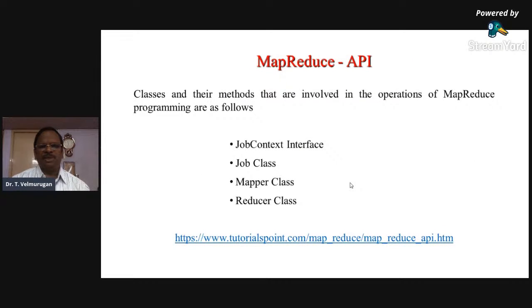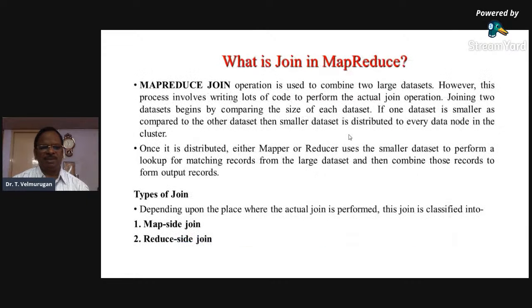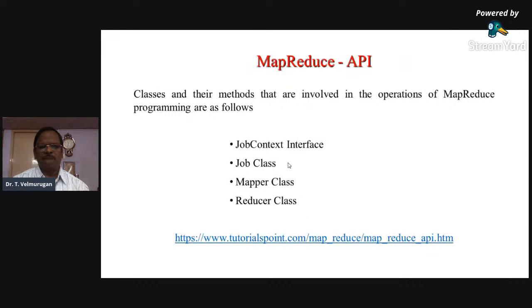What is a map side join and a reduce side join? We can easily carry it out. There is some API information, the application programming interface, in MapReduce classes, and their methods involved in the operations of MapReduce are as follows. In the API, there are some tasks in the join operations: the JobContext interface, Job class, Mapper class, and Reducer class.